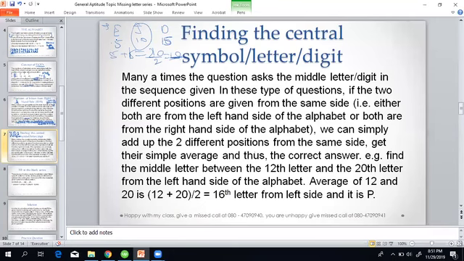If the question gives the positions from the right hand side, for example the position of F from the right hand side is given as 21, we apply the same method.